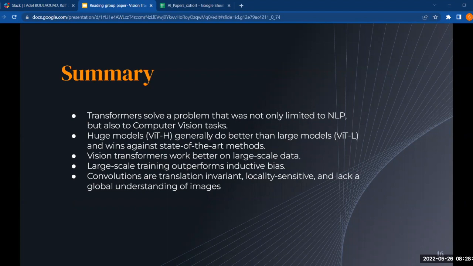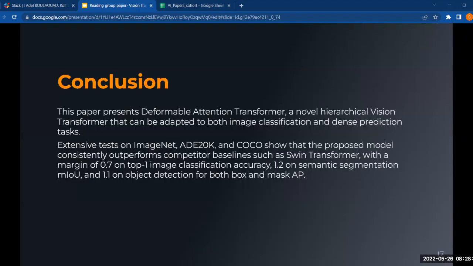Convolutionals are translation invariant, locality sensitive, and generally have a lack of global understanding of the images. So in conclusion, to conclude this paper, the vision transformer uses multi-head self-attention in computer vision without requiring image-specific biases.